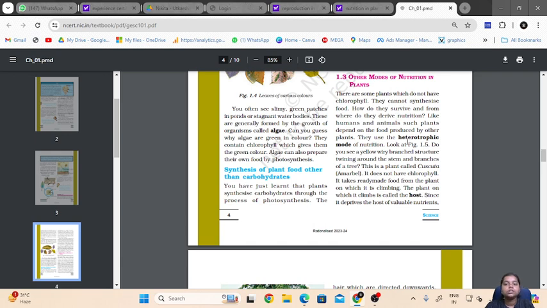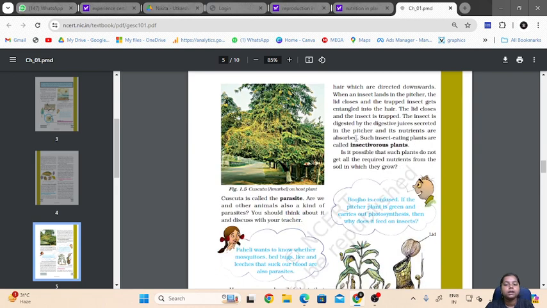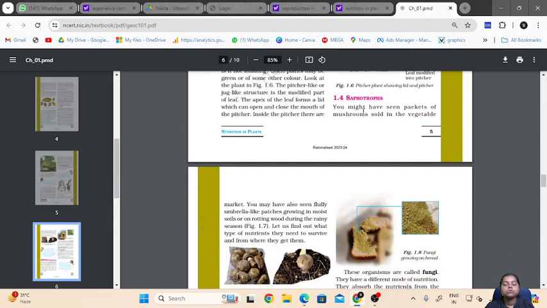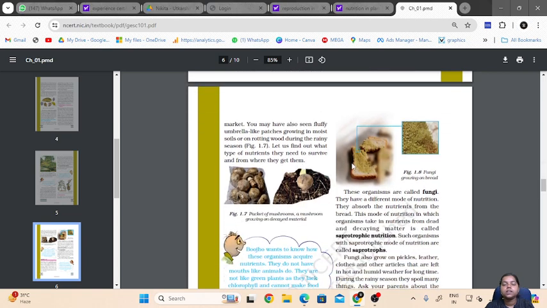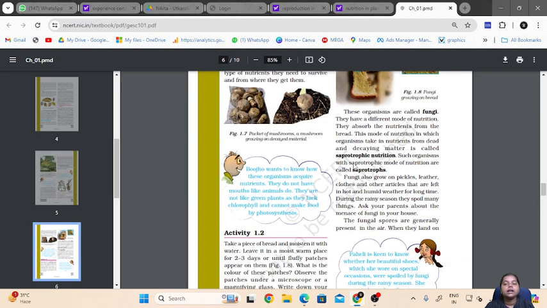In the heterotrophic mode of nutrition, we saw the cuscuta plant, then the pitcher plant, which likes to eat insects and is called an insectivorous plant. Then saprotrophs, under which we studied fungi. They derive nutrition from dead and decaying organisms, and that mode of nutrition is called saprotrophic nutrition.